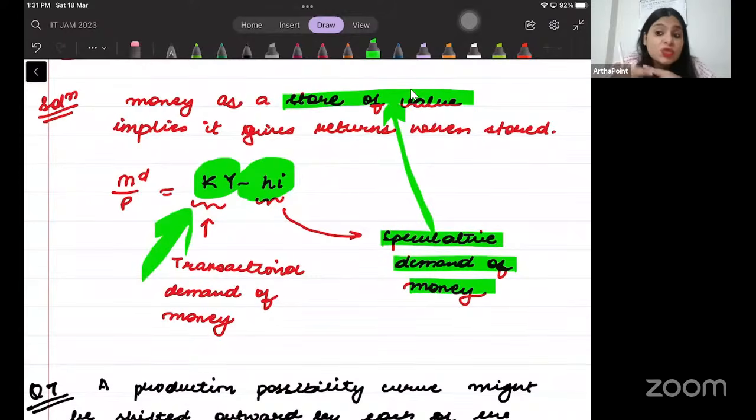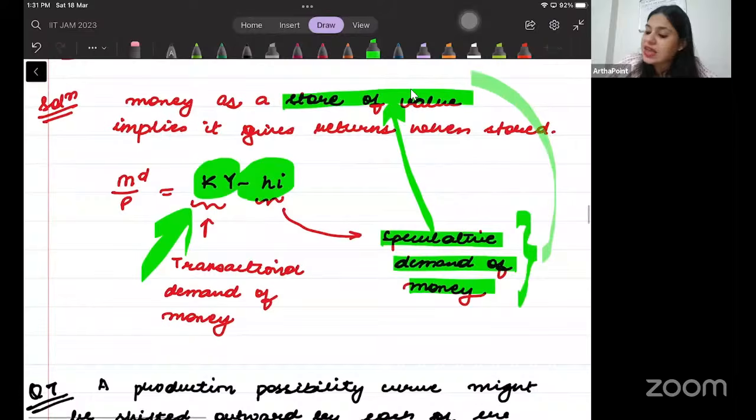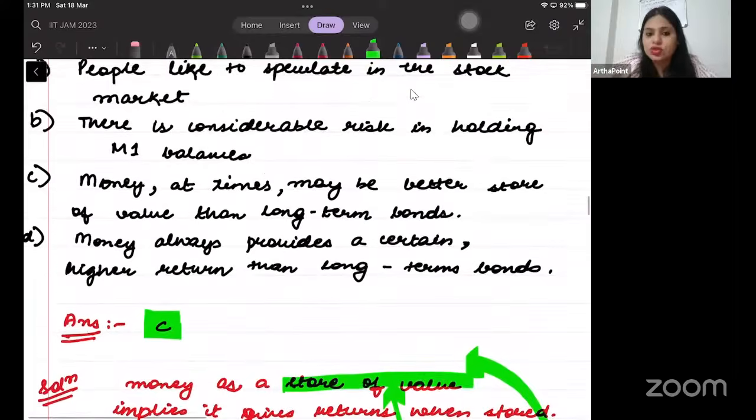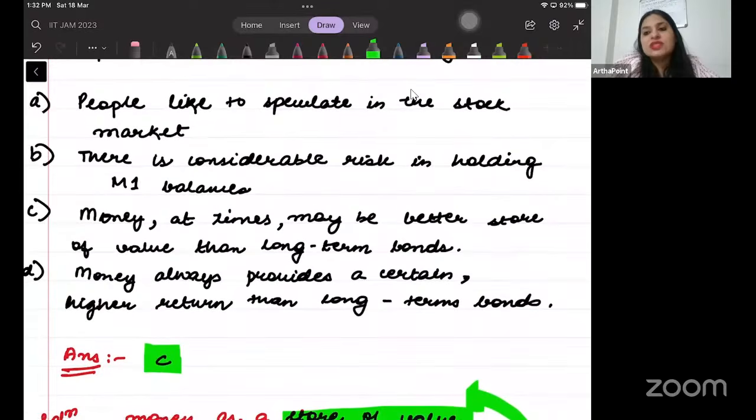But if I use it as a store of value, maybe if I put it in some FD, if I demand money for speculation, for returns, it will be giving me returns in the future when stored. So the speculative demand of money is highly associated with the store of value also, that in the future, it will go ahead and give you certain returns.